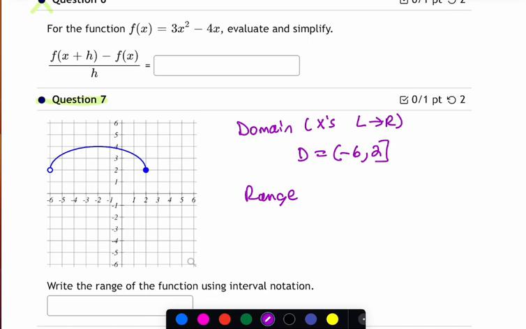The range, remember, are the y's, and we think of that from the bottom of the graph to the top of the graph. Bottom to top, lowest to highest. It's always lowest to highest. The range value, even though there's an open circle here, there is a spot that I can stand at 2.